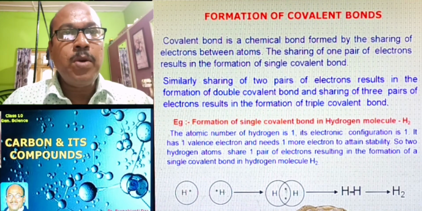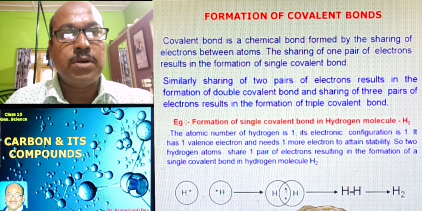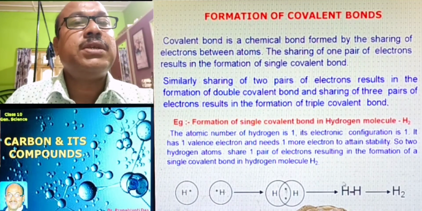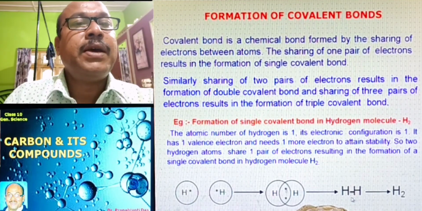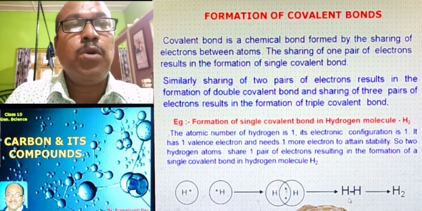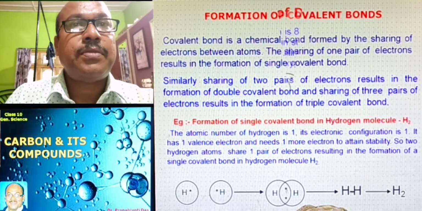In that way, one pair of electrons is shared between these two atoms of hydrogen, and as a result, a hydrogen molecule is formed. You can see between hydrogen and hydrogen a single dash is formed. This single dash represents a single covalent bond, and this is how a hydrogen molecule is formed.